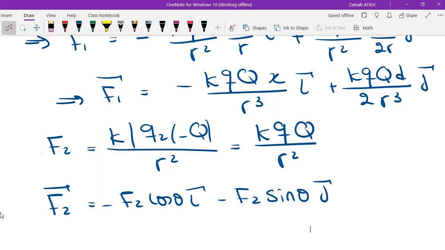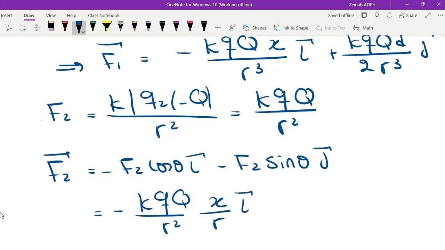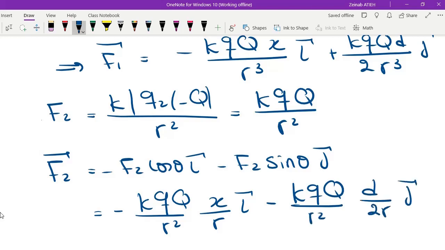So I will substitute for f2: kq over r squared, x over r, i, minus kq. Let me write the smaller q before to keep the shape. So kq over r squared, it was d over 2r, j.